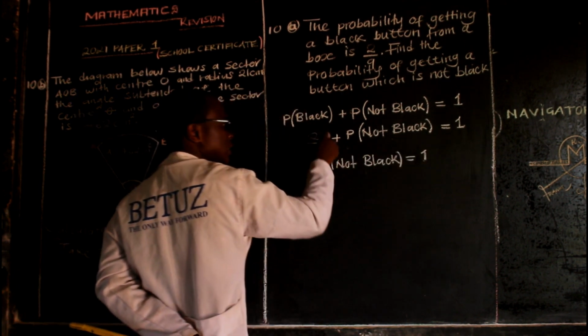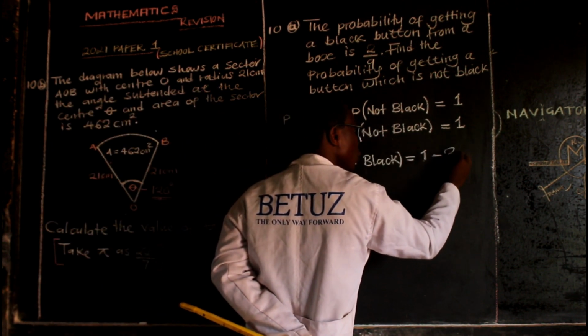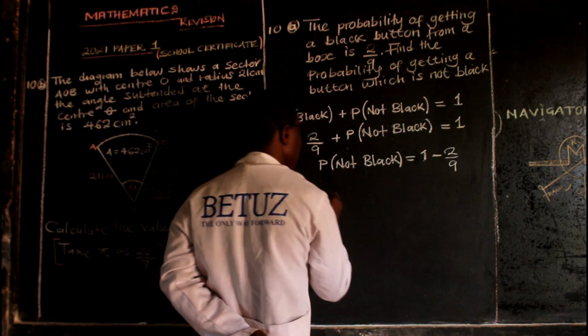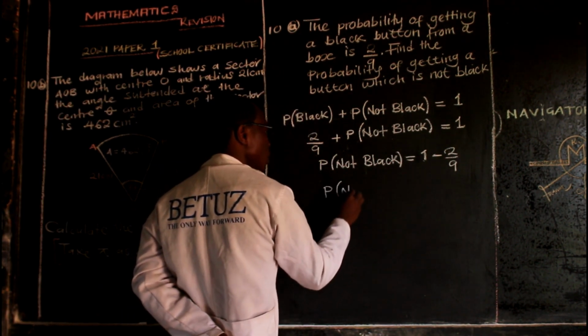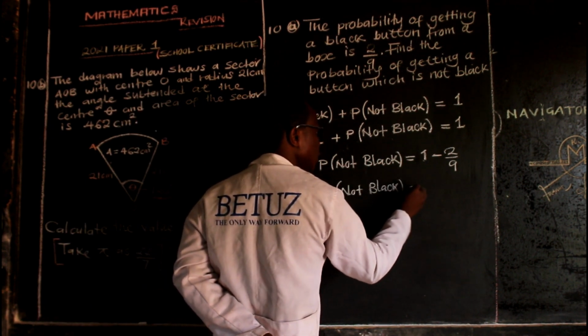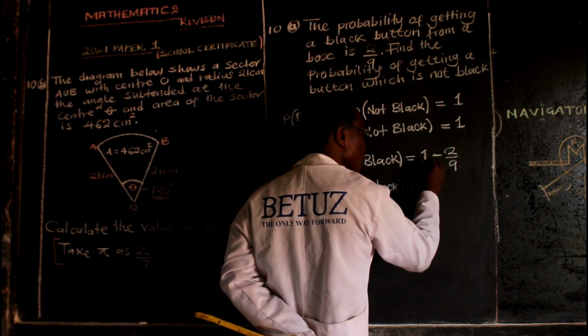When we transpose this positive to the other side, it's going to become minus 2/9. Then probability of not black is equal to 1 over 1.